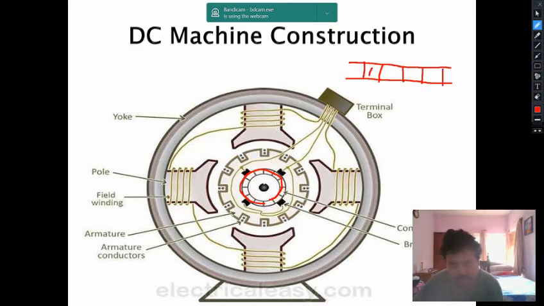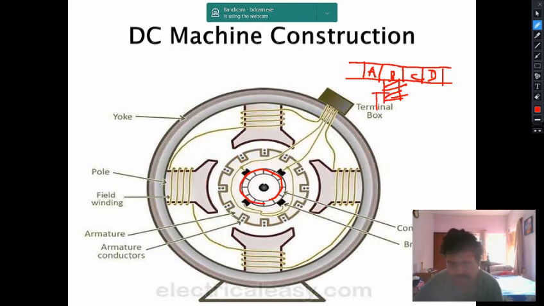So these are the commutator segments A, B, C, D, like this. So you see now here, brushes are placed like this.